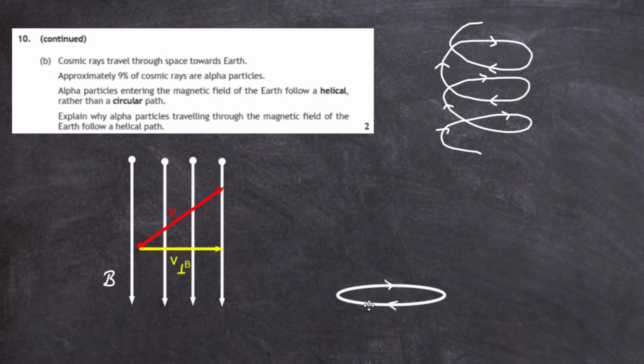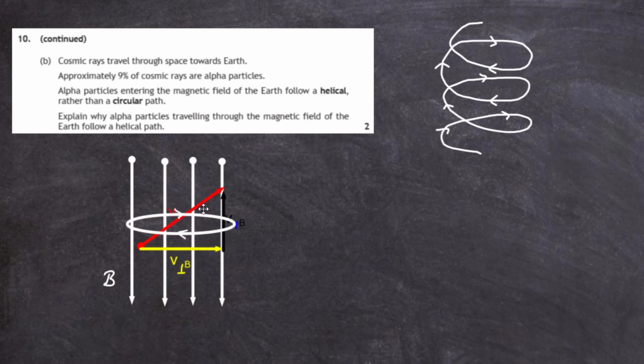If that was the only component we were dealing with, you get circular motion like that, going into the page and back out again. But because we can put in the other component, which will be parallel to the magnetic field, this will not cause circular motion, but cause the particle to move up.